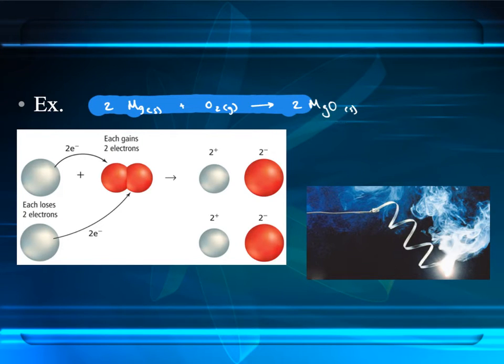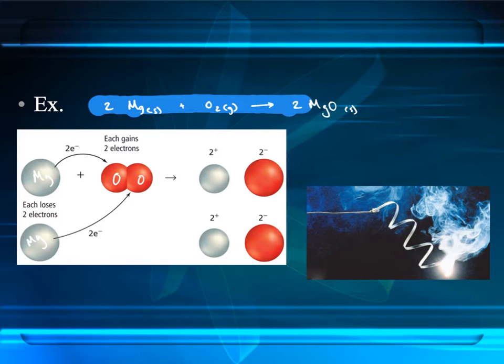All right. Well, what's important to realize is this reaction, as it's happening, here are our two magnesium atoms, right there. And here's our two oxygen atoms. What happens in this reaction actually is that two electrons from each magnesium get transferred to each oxygen.